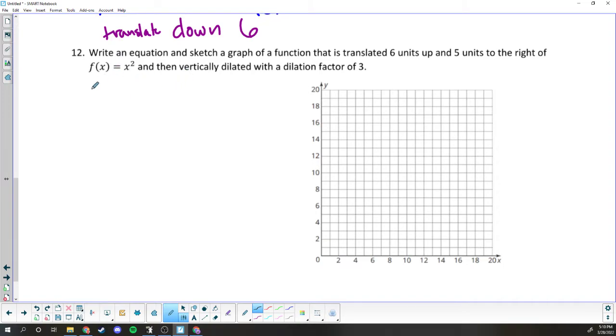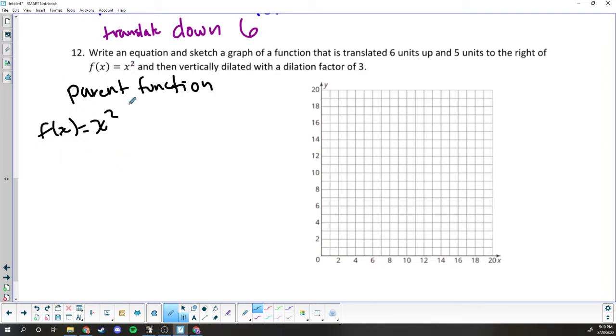All right. So our parent function, in all of these scenarios, our parent function will be x squared. F of x equals x squared. And what we're going to do from there is apply these transformations to this. So we kind of have to know what this looks like and how to dilate it. So here's what I'm going to do.